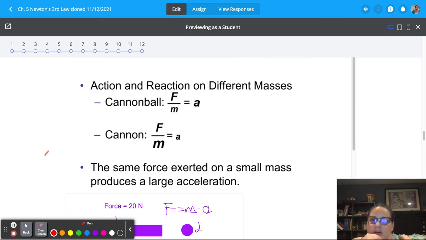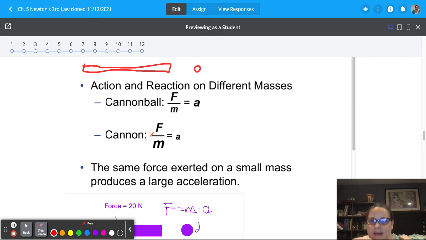All right, same thing, but on a smaller scale: a cannonball and a cannon. You have a cannon that's very large and heavy, and then you have a cannonball, which is light in comparison. The cannonball exerts a force on the cannon, and the cannon exerts a force on the cannonball.